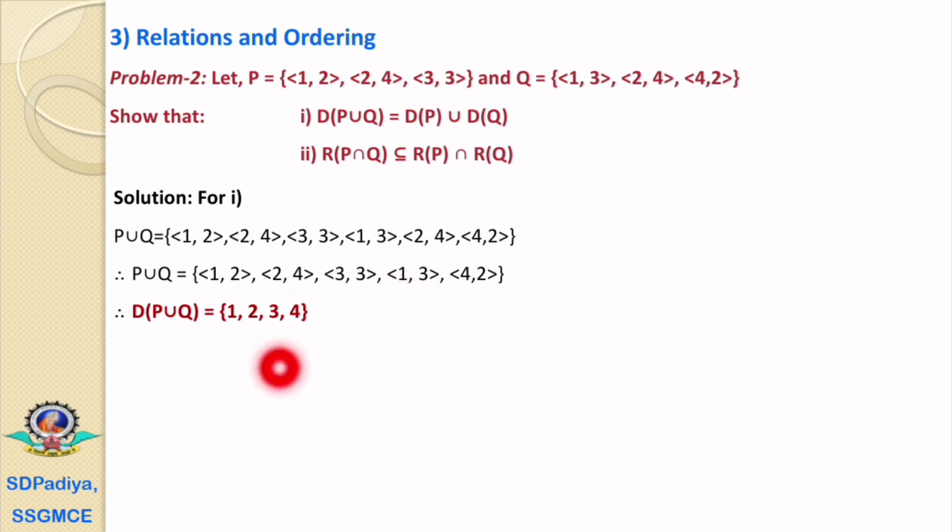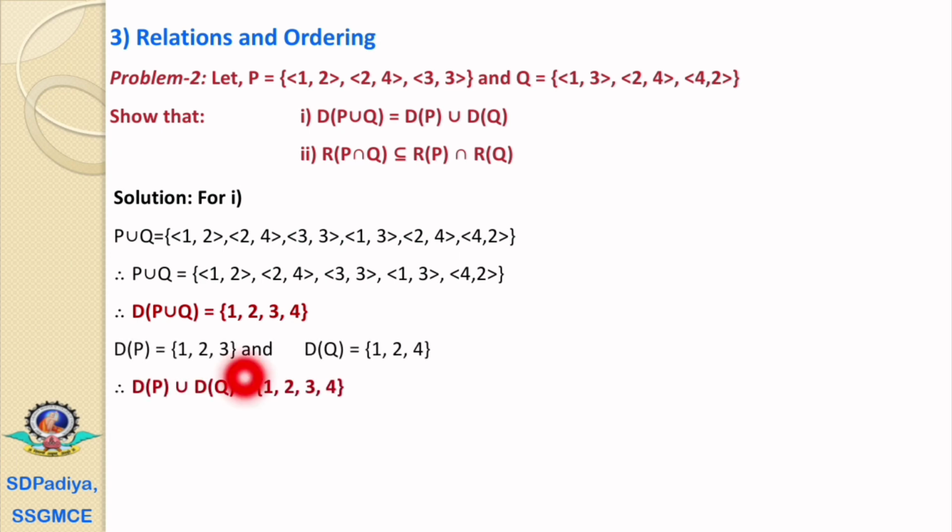That's why the domain of P union Q is a set of 4 elements 1, 2, 3, 4. Now, if we find out the domain of P separately, then the domain of P will be the set of 1, 2, 3, and the domain of Q, that is the first element of every ordered pair, is 1, 2, 4. That's why it is the set of 1, 2, 4.